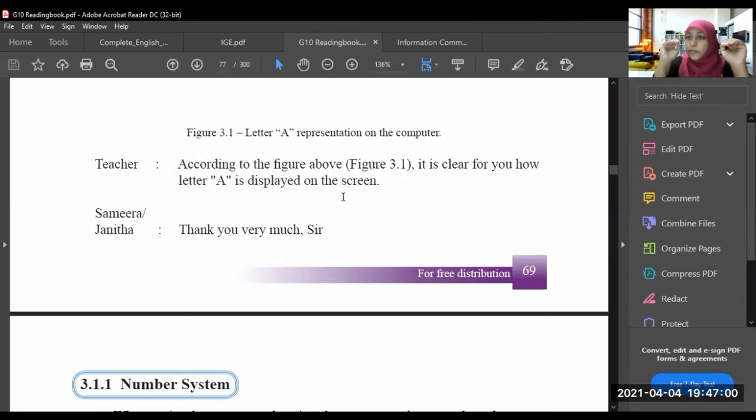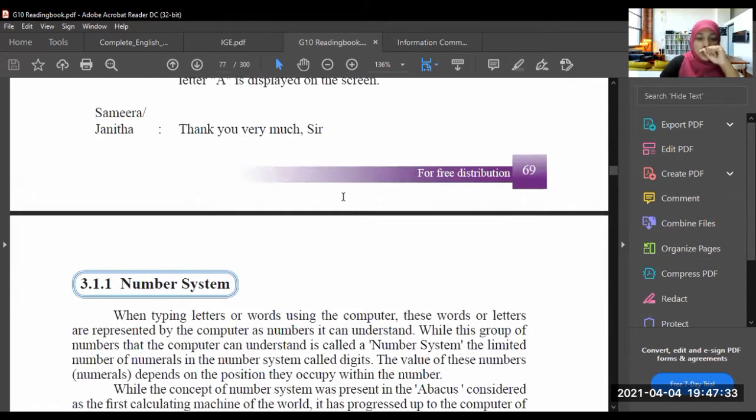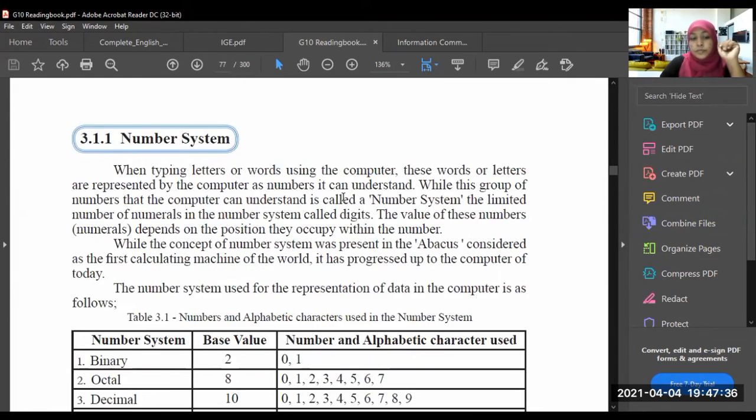Normally in the computer there are translators. We will learn it after these chapters. There are translator software inside the computer which translates human readable forms into computer understandable language, right? So let's go to the number system.